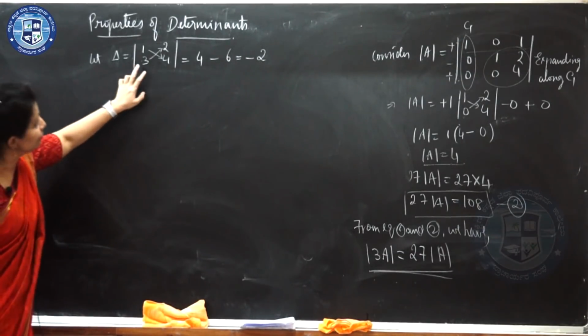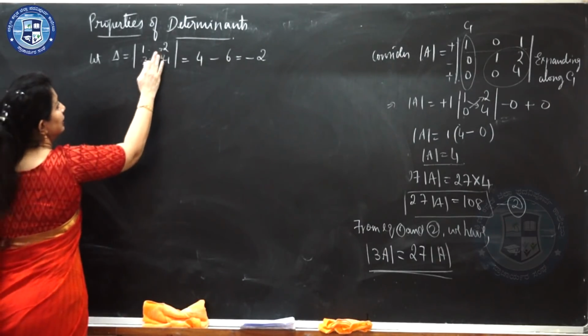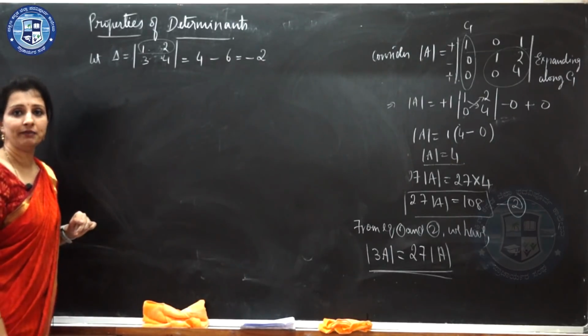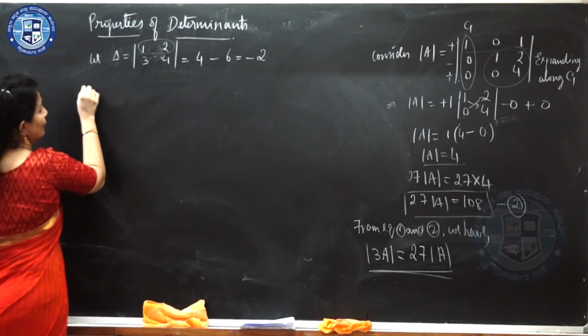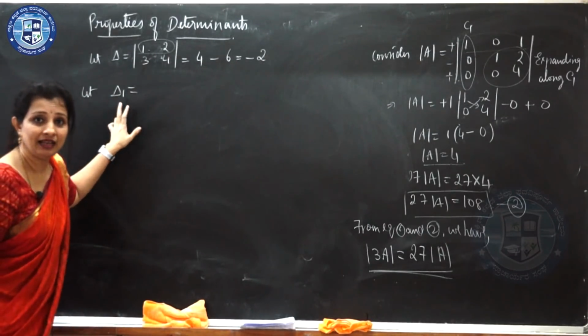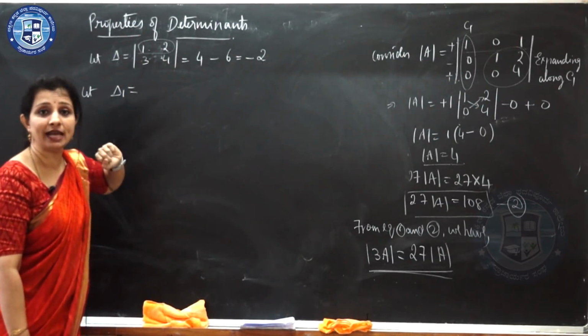Now, what if you interchange the rows and columns? You know here 1 and 2 are the first row elements. Now, let us consider delta 1 as the determinant obtained by interchanging the rows and columns.